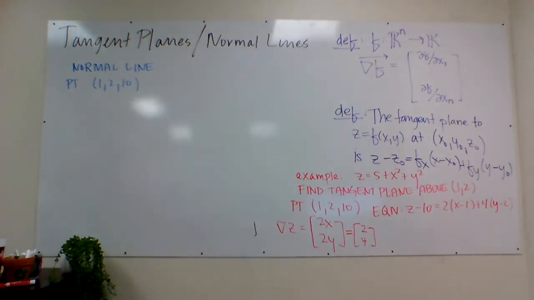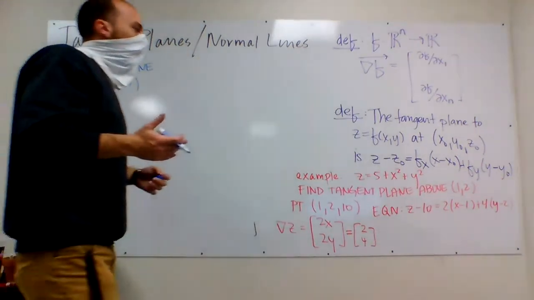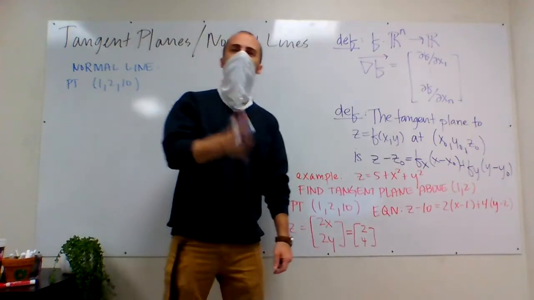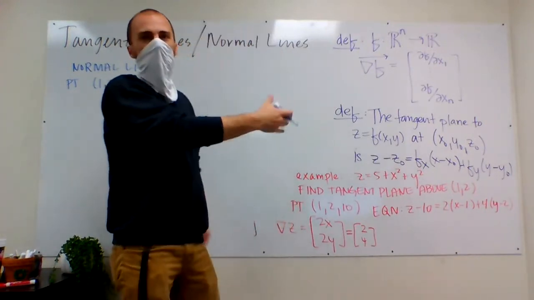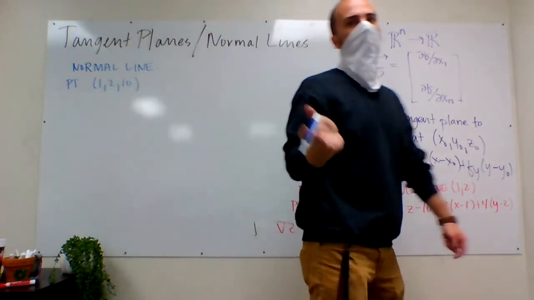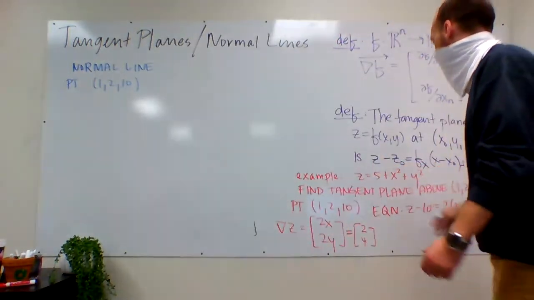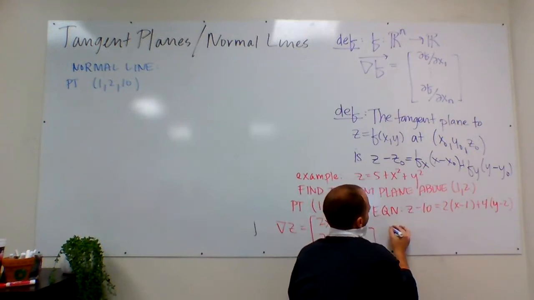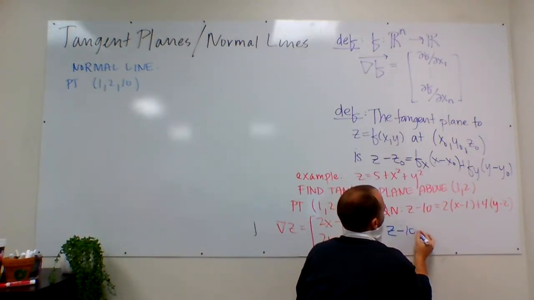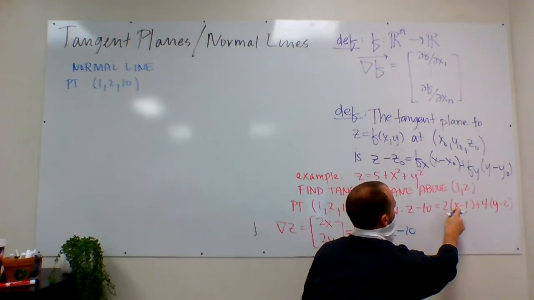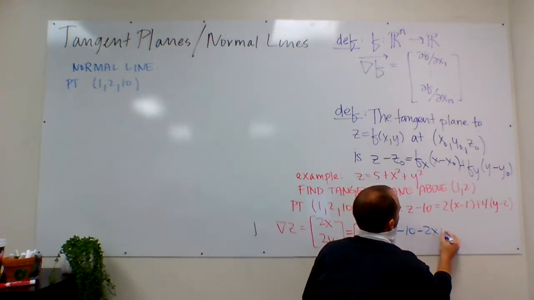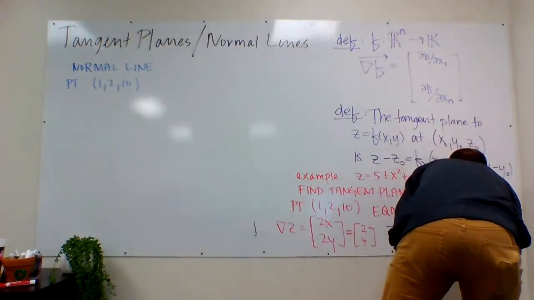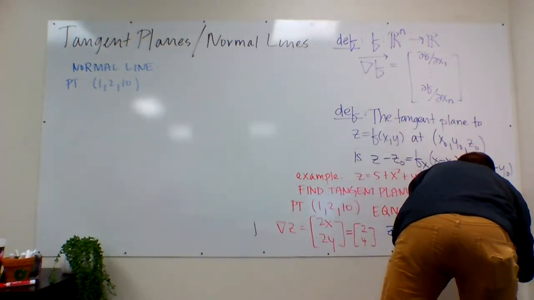And then the trajectory is going to be, well, in order to get the normal vector, it's best for me to write it ax plus by plus cz and a number equals 0. Or ax plus by plus cz equals a number. We don't really care about that. What I'm going to do is a little bit of working around on this. And so I'm going to have z minus 10 minus 2x plus 2 minus 4y plus 8 equals 0.